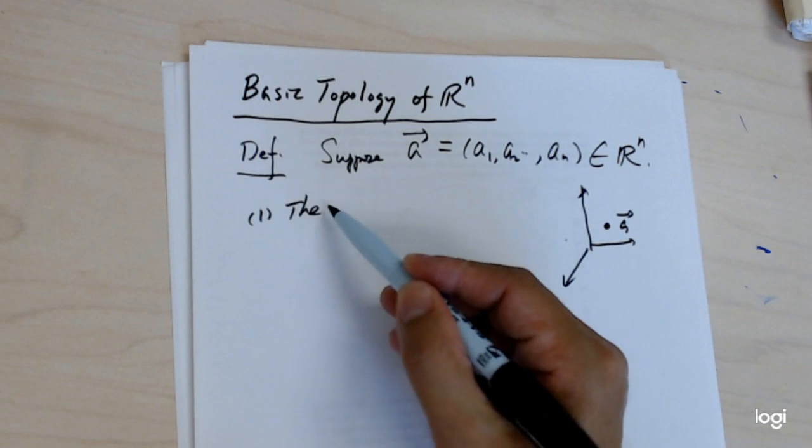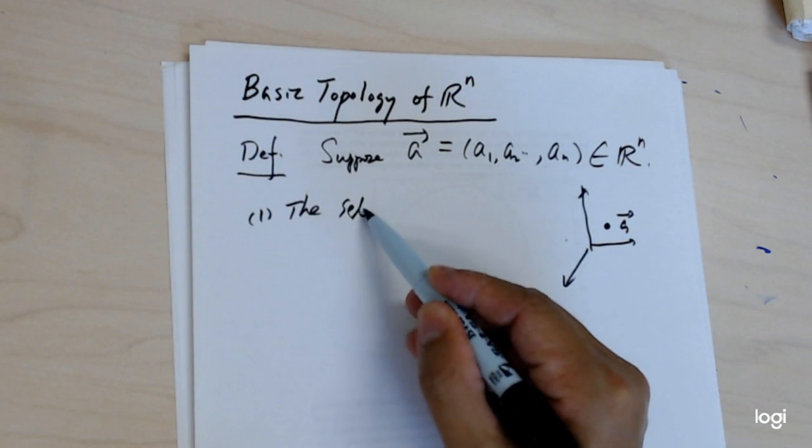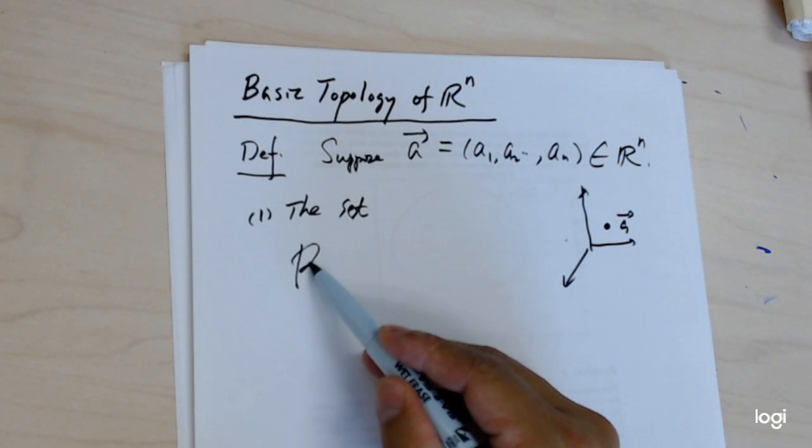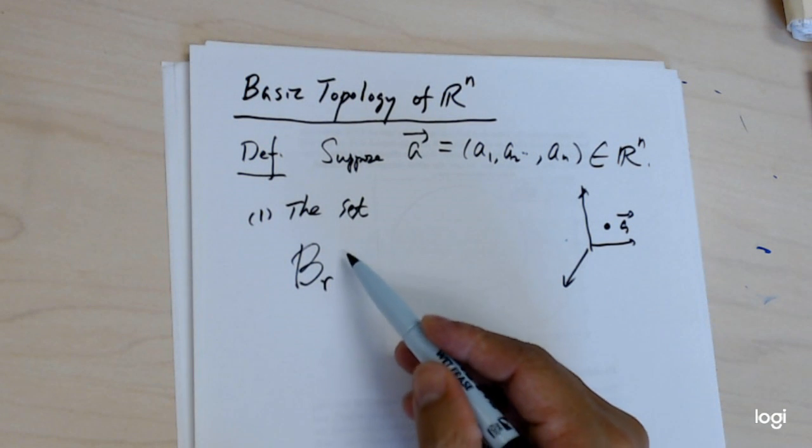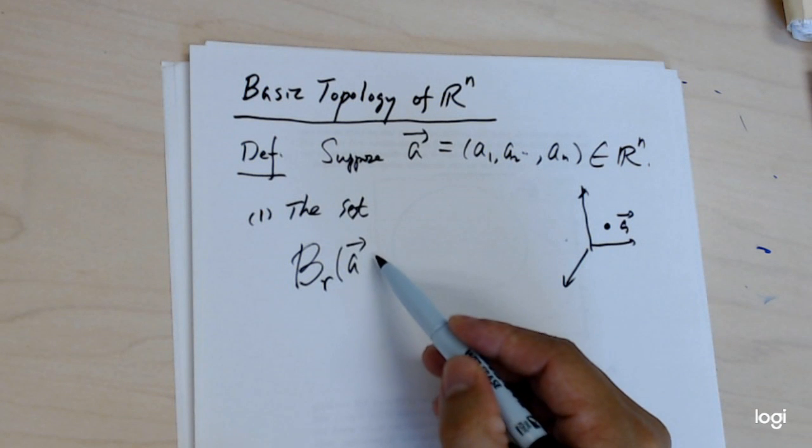We define an open ball. This set is denoted by B, with R as the radius and A as the center.